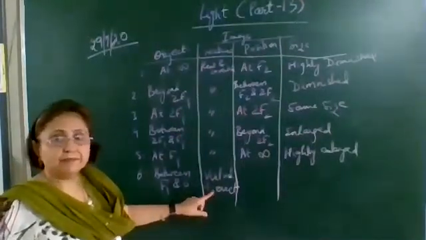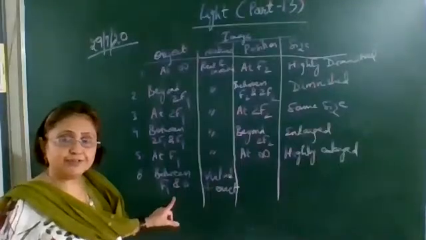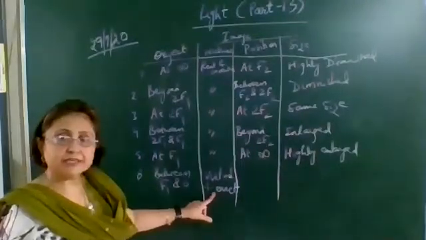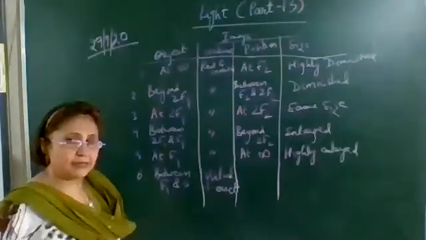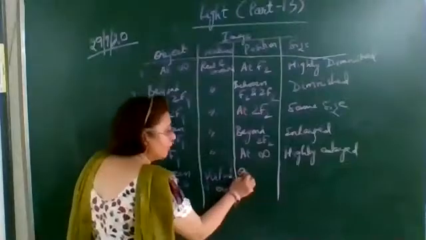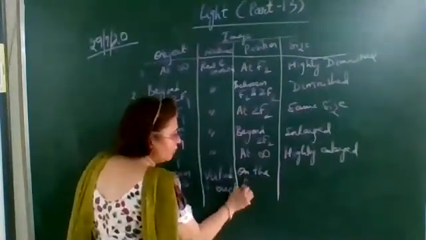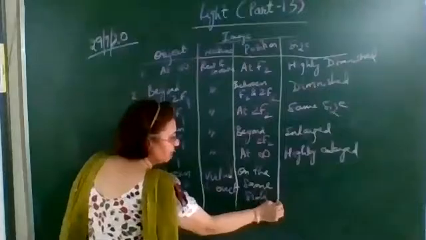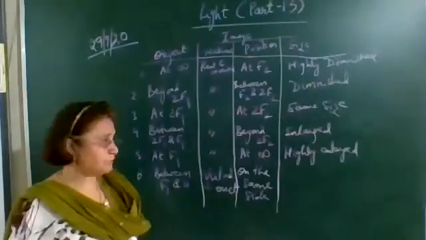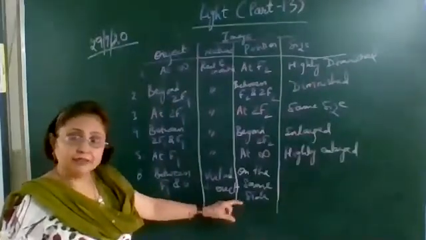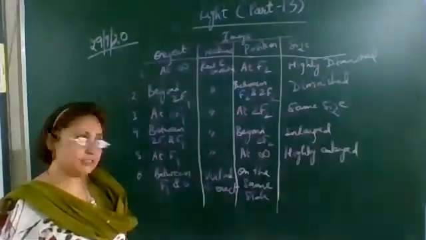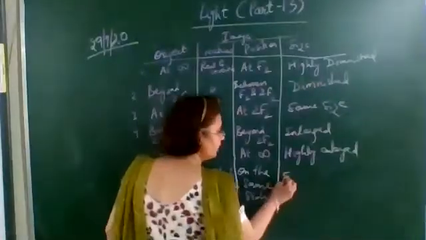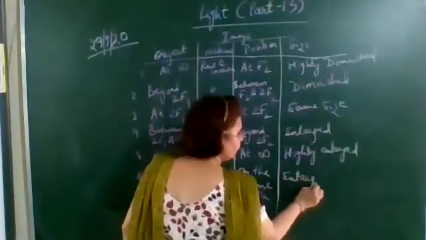And where is it formed? On the same side where the object is placed, that is on the left side. Again it is bigger than the object, so the image is enlarged.